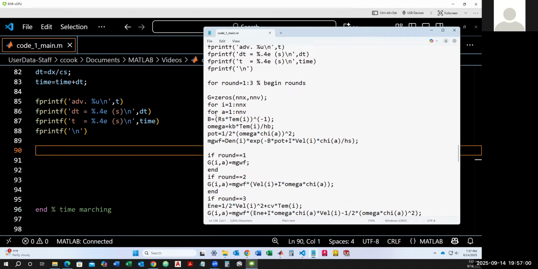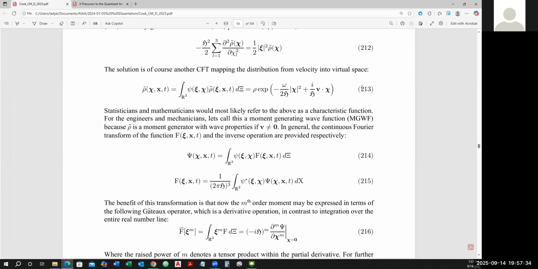Storage is important. So when you get to higher dimensions, we still have to store all these quantities, so you might run out of storage. So instead of storing all 3 in 3 separate data structures, I'm only going to store 1 and I'm going to loop. So I'll do rounds. Round 1, G will be set equal to 213.